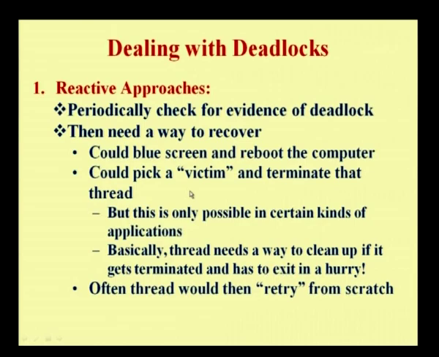You would have pressed Alt Control Delete and you would have got a task manager. In the task manager, if you want to stop a particular thread, you need to click that thread and click stop process. So it will stop that particular process. So it is a reactive approach of dealing with a deadlock.